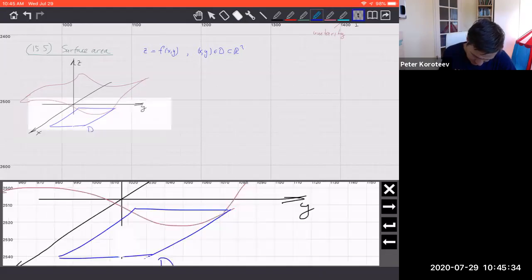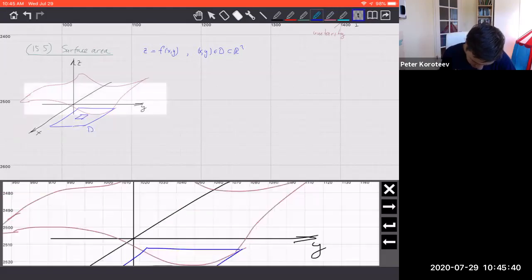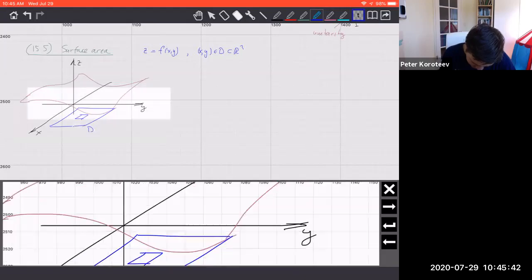And if you pick a small square inside this rectangle, its image on the surface would look like this, right? Some curved rectangle.